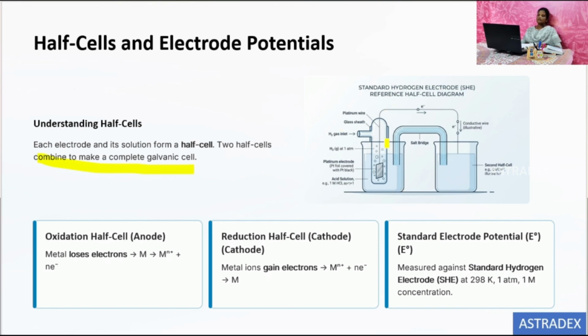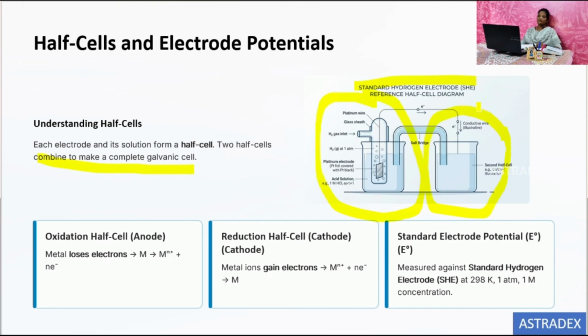Here you can see in this diagram, the left side is a reference electrode and the right side is another half cell. This reference is what we call SHE, the standard hydrogen electrode.